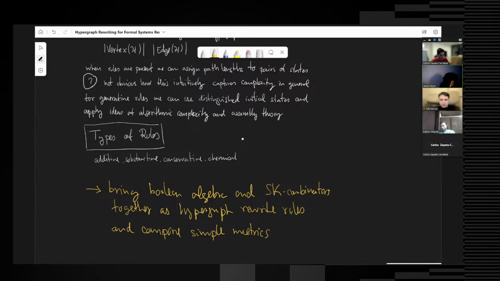I'm not saying it's wrong, but it's potentially inducing some confusion, because what you can clearly do, as we said in this stream, is once you have a rewrite system, you can take events, as Nick said, and measure path lengths and relate states to each other. But assigning complexity is to say these are the simple ones, the non-complex ones, and these are this amount far away from the simple ones.